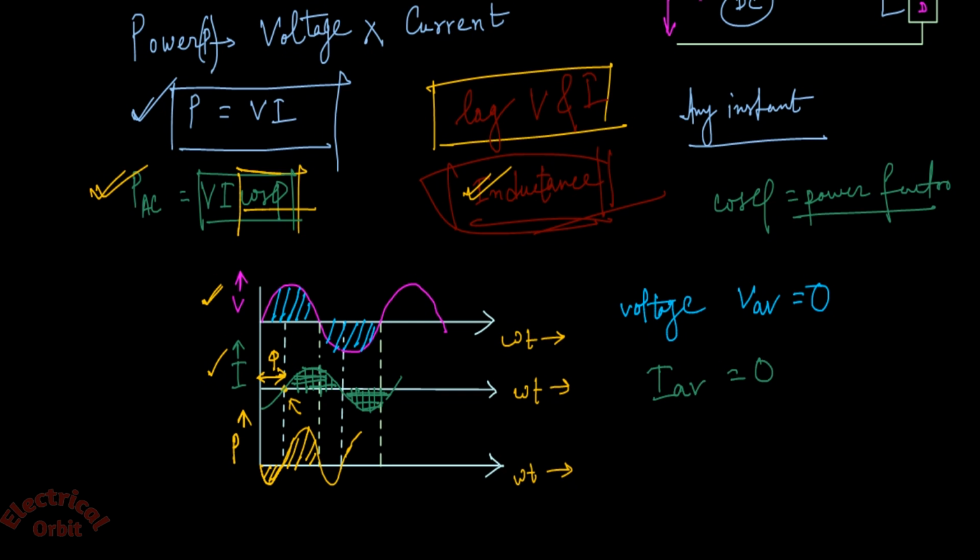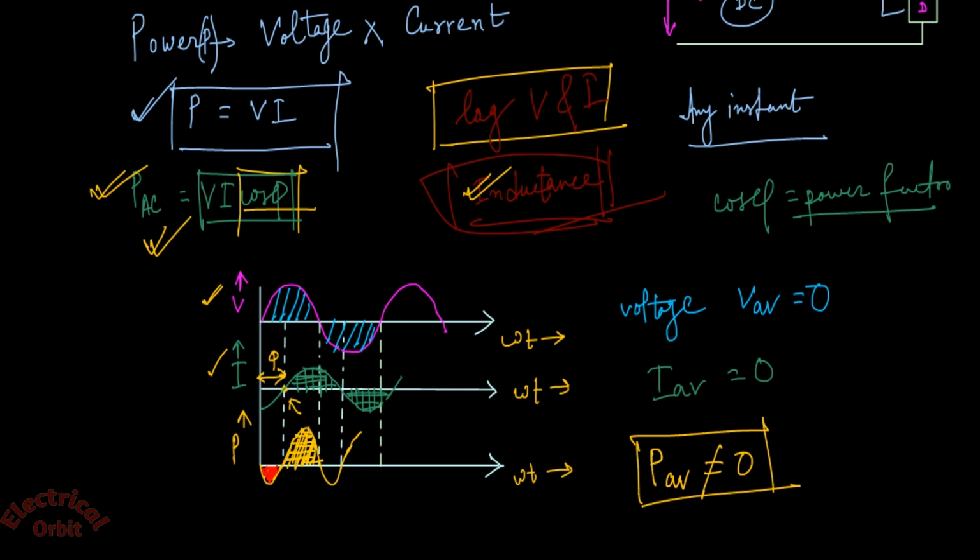But in case of power, average power is not equal to 0, rather it is VI cos phi, as the positive part of this power is not equal to the negative part of the power. So average power always remains with some value whenever you try to calculate.